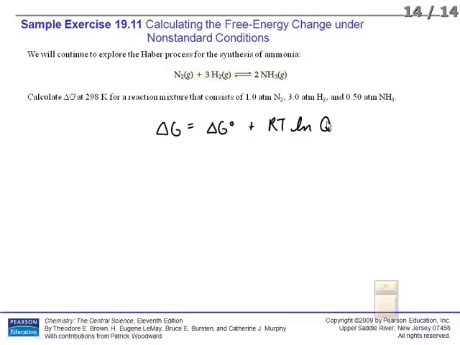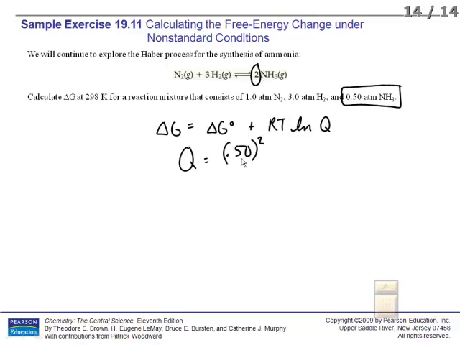So they gave us the quantities of the container. So the very first thing that we're going to tackle is trying to calculate that quotient value. Remember, it's just like equilibrium. It's products on top, reactants on the bottom. So for us, we can use partial pressures, which is basically what we have here. You have NH3, so here's your NH3 value, 0.50, but don't forget you have a coefficient of 2.